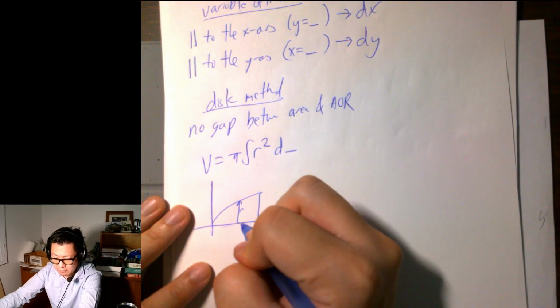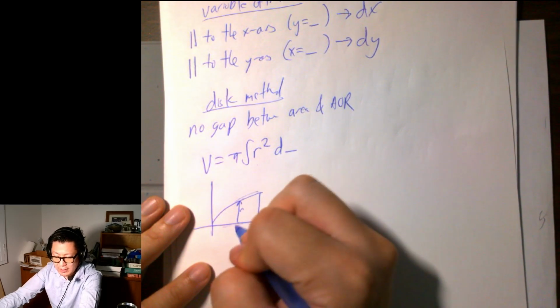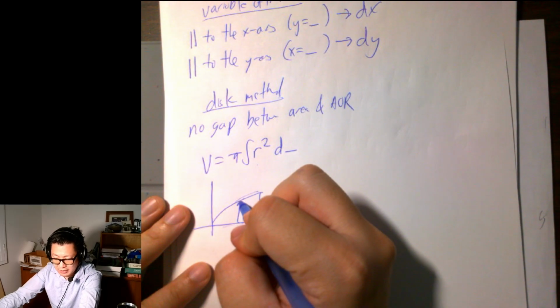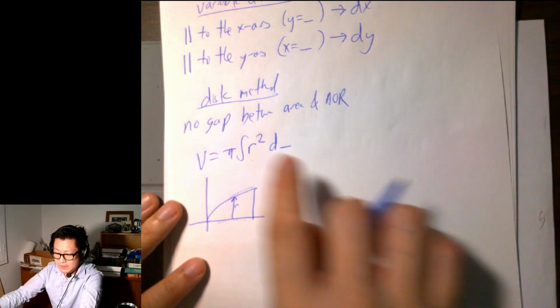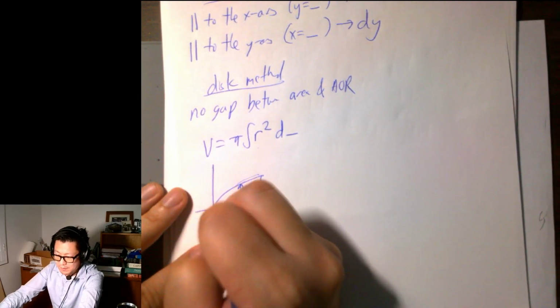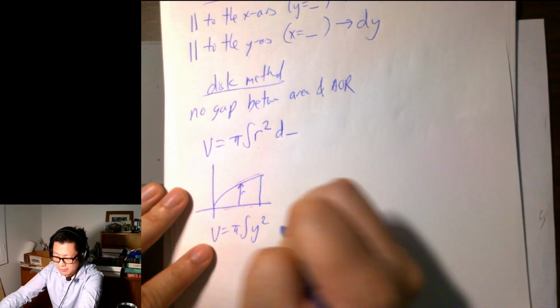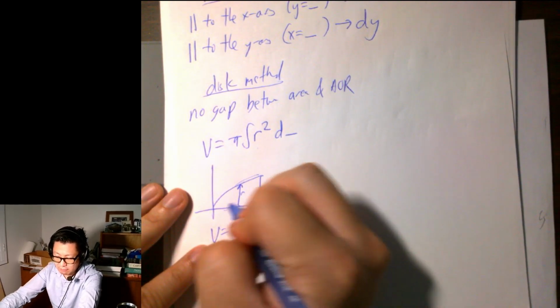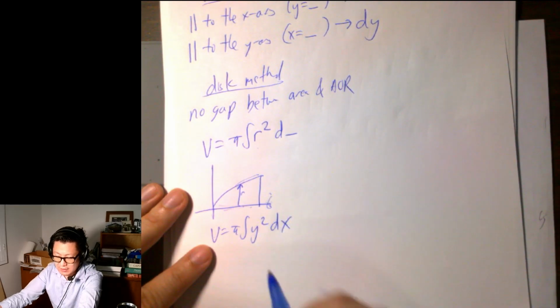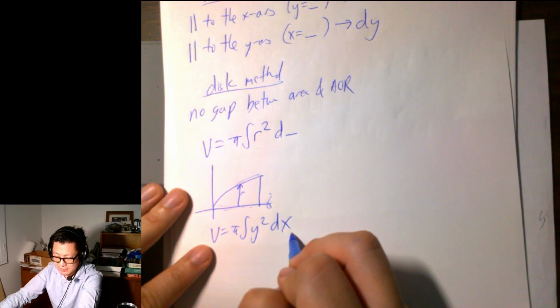Whenever I'm going from y equals 0 to a function, that is always y. And so in this case, I have volume is equal to pi y squared dx, because again, rotating it about the x-axis, parallel to the x-axis, dx.